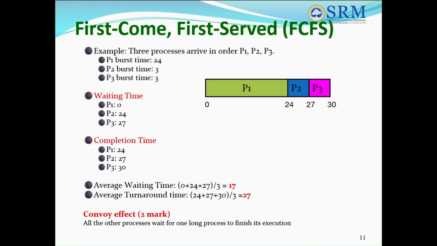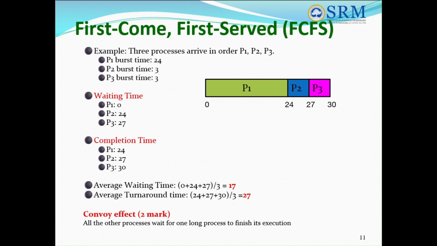It will take 3 seconds, so you need to add the 3 seconds to P1. How long should P2 wait? It needs to wait for 24 seconds. After the completion of the 24 seconds only, the P2 process can enter into the processor for execution. Next P3. To calculate the average waiting time and turnaround time, take the addition of the waiting times and the addition of the turnaround times.